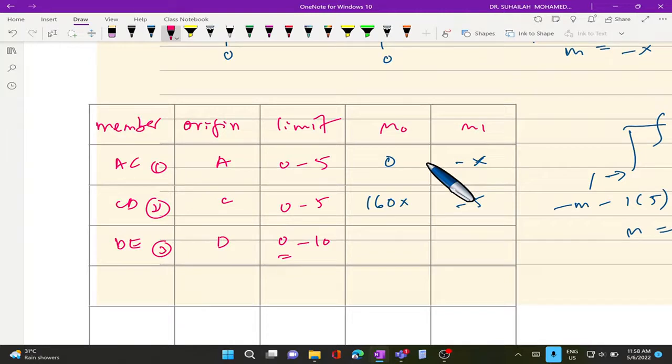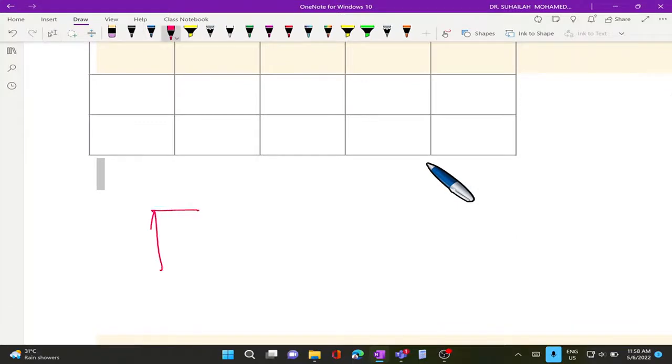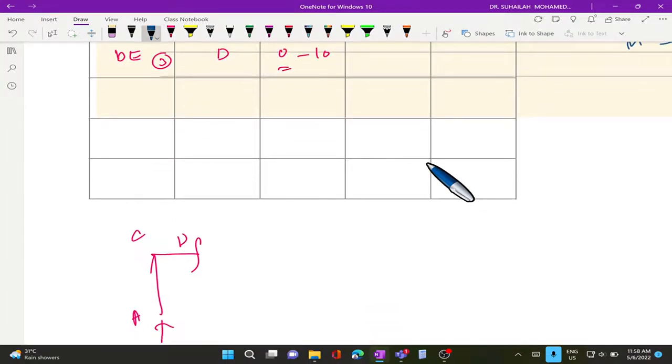Maybe the total length. So how about this cutting section? This is 160. This is A, B, not B, C. This is C, D. So what we have is this distance. There are 2. This is X, this is 5. So this is moment.